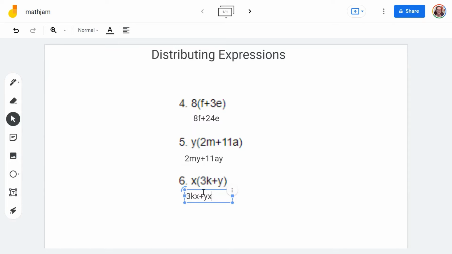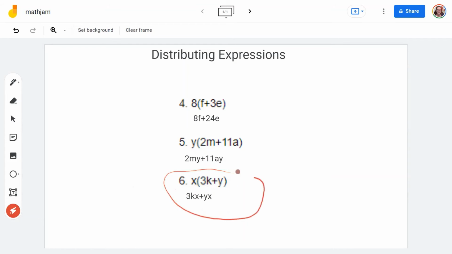So plus y times x. All right, so nice and easy there. That's our distributive property. So we multiplied the x times 3k and the x times y to give us 3kx plus yx. Okay, so nice and simple there.